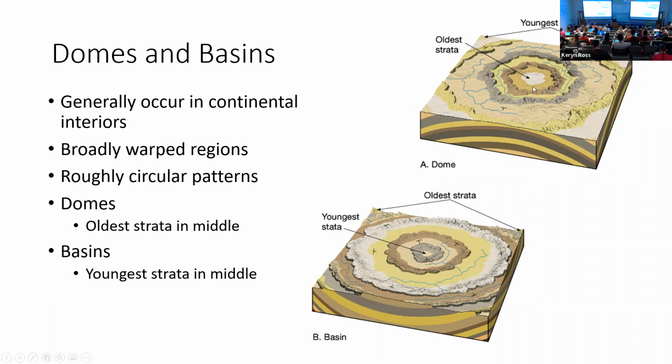Then you're going to start looking at which one is the oldest strata. In a dome, the oldest is in the middle. It makes an A shape on all sides. In a basin, it makes a smiley face, and the youngest strata is in the middle. So they do correlate with each other: synclines and basins, domes and anticlines.